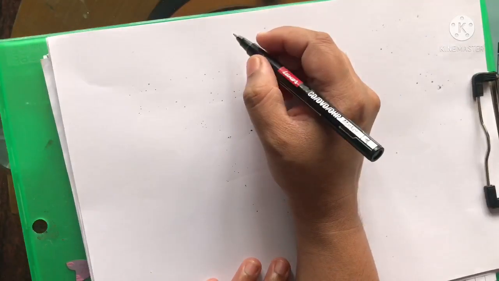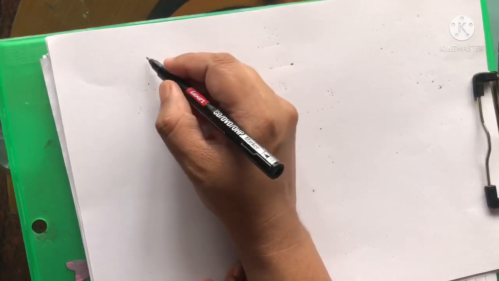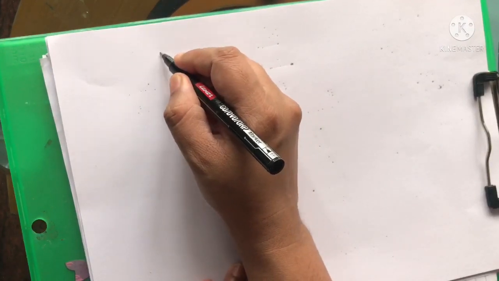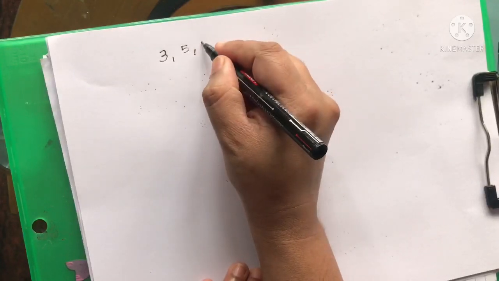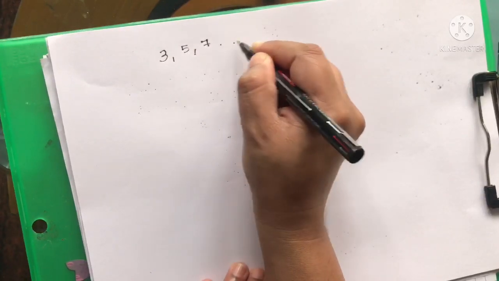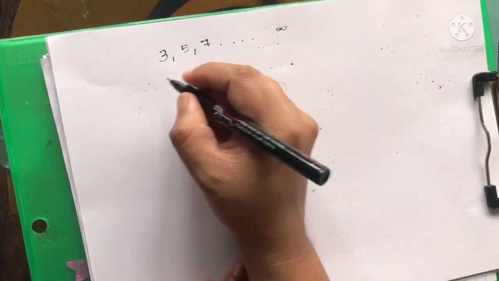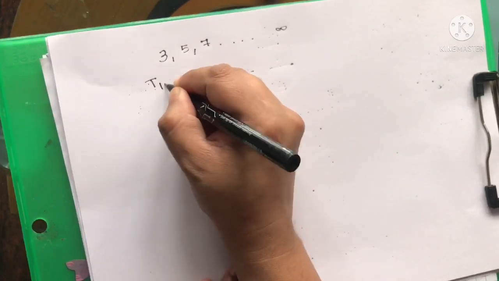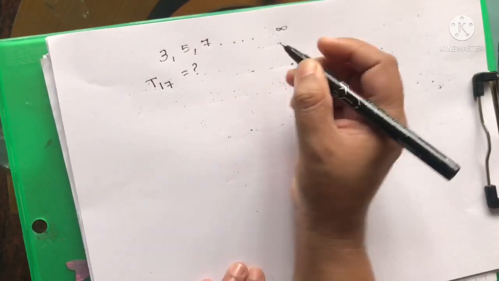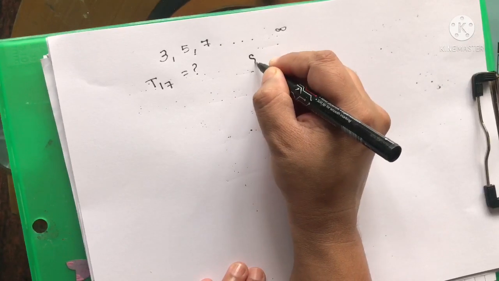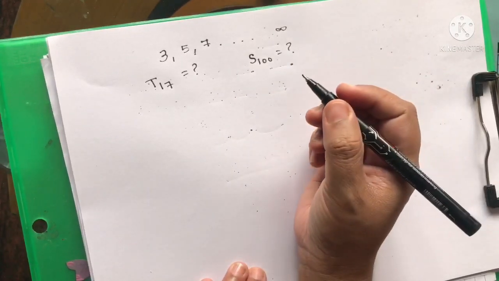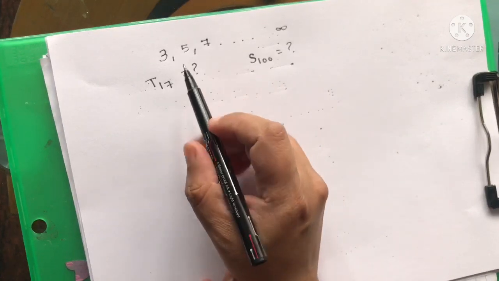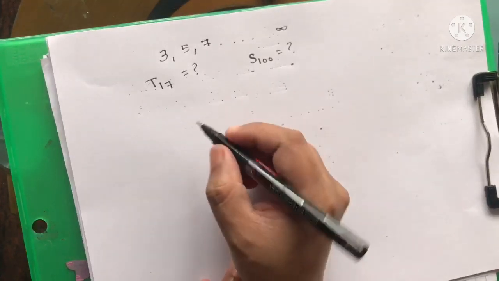Now let's take an example. If I say a sequence is 3, 5, 7, so on till infinity, calculate the 17th term in the sequence. Also tell the sum of the first 100 terms. Firstly, check if the given sequence is AP or not.